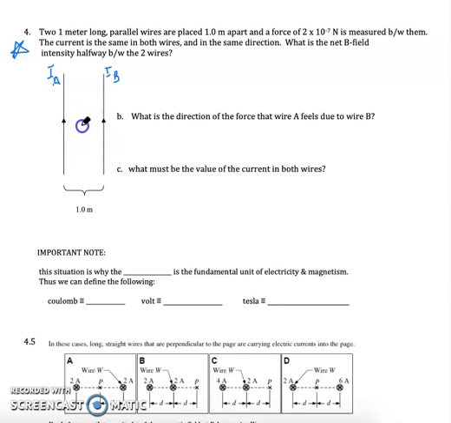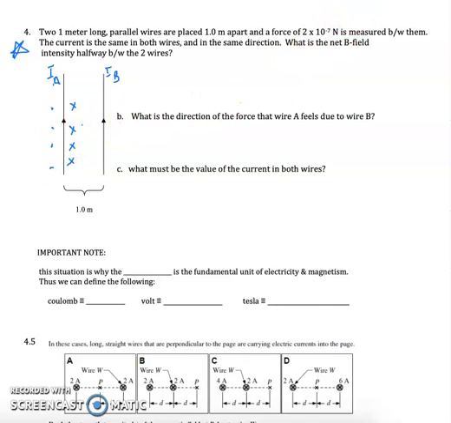So if I choose a point halfway, I basically have a B, right? If I have a magnetic field surrounding this wire, and I use the right-hand rule, you can see that to the right of that wire, it's into the page, and to the left, it's out of the page.